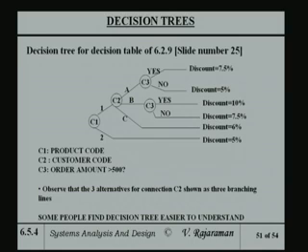The table is now reflected as a tree. Now I have a priori decided to test conditions C1, C2, C3 in that order, but it need not be. As per the decision tree rules, I can in fact start with any one of them. But this looks more logical, and so it is easy to explain also. That is why I did it this way.